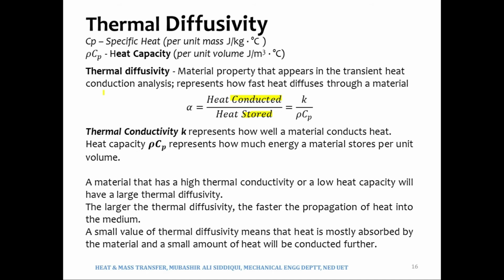Kindly note, it is a very important point that thermal conductivity is a material property and thermal diffusivity is a material property as well. So every material would store energy. And you will find a very important sentence over here. Let's first discuss what is written over here.